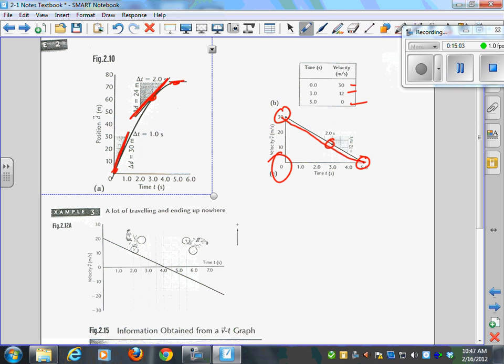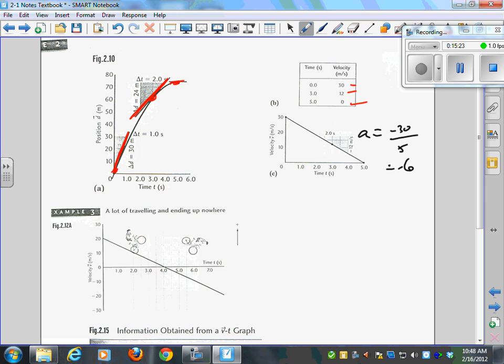Stopping, slowing down, right? The velocity starts at 30 and it goes to 0. It's slowing down. If I then take the slope of this, it's going to give me the acceleration. So that's going to be a negative slope, obviously. It goes down 30, so that's going to be minus 30 over the time of 5 seconds. My acceleration is minus 6, which is what it shows in the book.